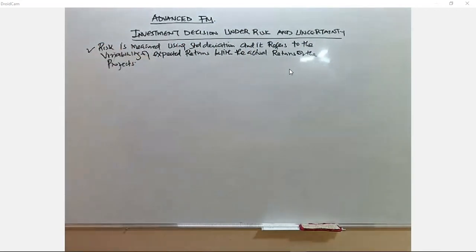And in this case, the project that we are looking at, we have to analyze this aspect with the uncertainty concepts, because here we are looking at the risk involved.